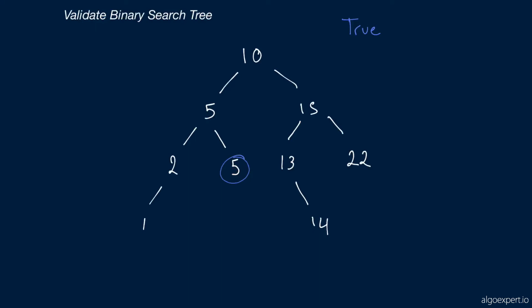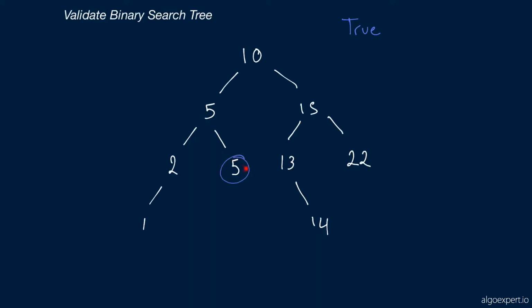This 5 has a minimum value and a maximum value. Perhaps I should rephrase this and say this node here that has a value of 5 has a minimum possible value and a maximum possible value. The minimum value that it has is 5. And why is it 5?